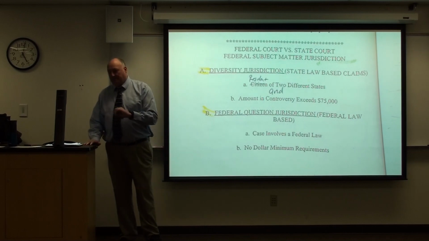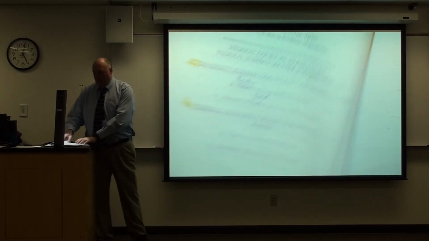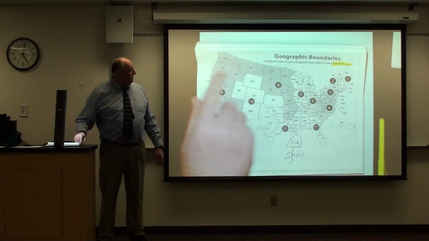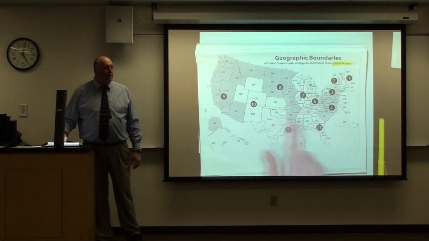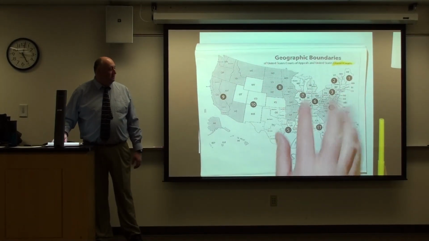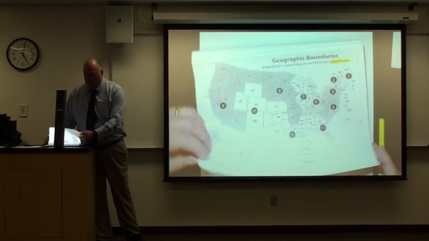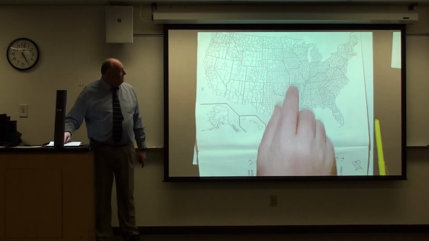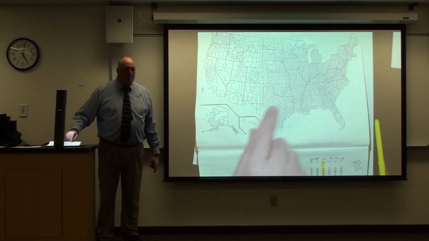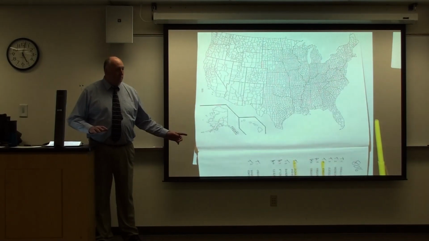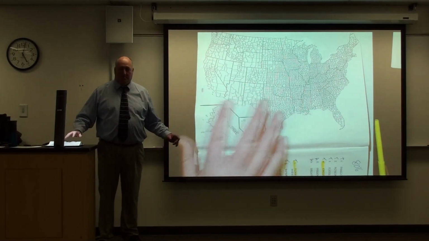Like those maps I showed you earlier, this is the map of the federal system. Basically, there are 94 trial courts, 13 appellate courts, and 1 U.S. Supreme Court. Not very many. Versus this map, which would be the state courts. So literally about a 10,000 to 100 ratio of trial courts.